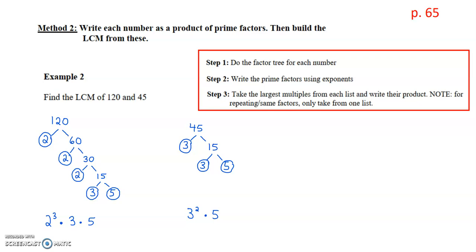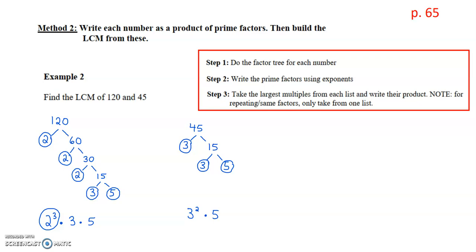And this is where it can get a little bit tricky if we're not really sure what to do. What we're going to do is we're going to take the largest multiples from each list. So on the 120 side, I have a 2 cubed. On the 45 side, I don't have a 2, so I have to take this one. Okay, if I don't have ones that are matching, I have to take the one that's just kind of by itself.